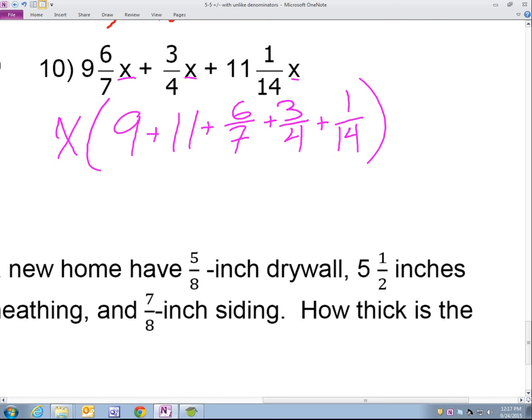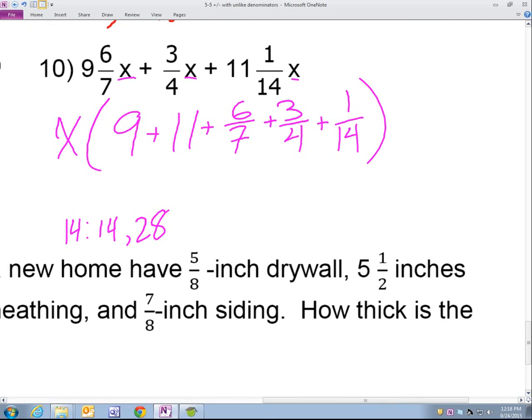I'm going to find the common multiple of 7, 4, and 14. Okay, those don't have any common factors, and I can't just multiply them all together. So I'm going to do the list method, starting with 14, 28.